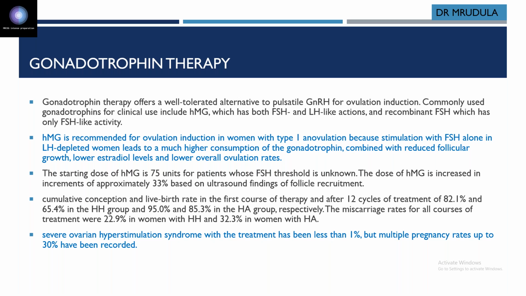So the hypothalamic amenorrhea group is more responsive to gonadotrophin therapy. Miscarriage rate is 22% for HH and 32% for hypothalamic amenorrhea. OHSS is less than 1%, but multiple pregnancy is up to 30%. As I told you, multiple pregnancy is less with pulsatile GnRH.